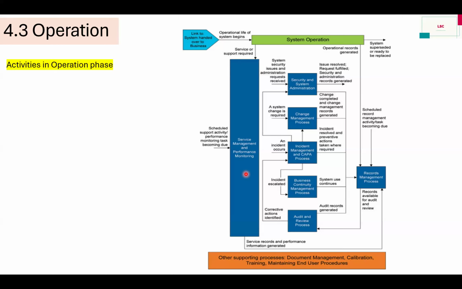Detected issues are managed through the incident management and problem management process. Monitoring tools and automation are increasingly used to detect potential issues. Okay. Then the incident management and CAPA process. So in this case, we need the support also, right? So incident management and CAPA process.